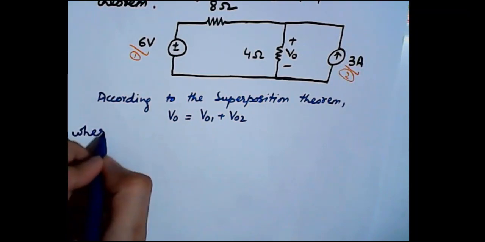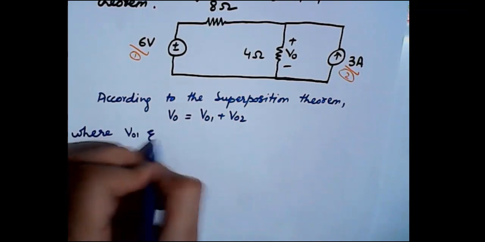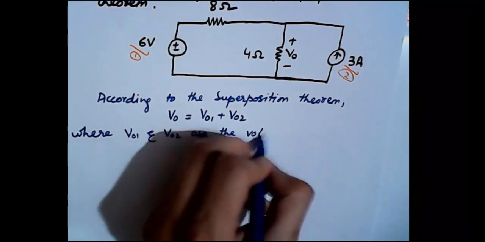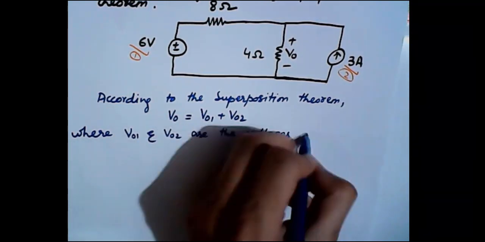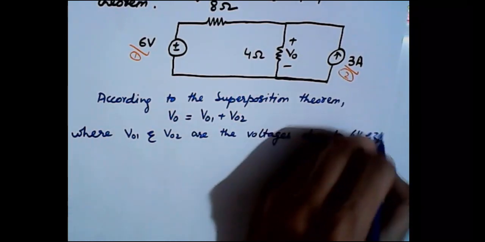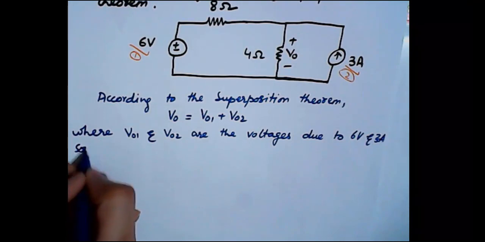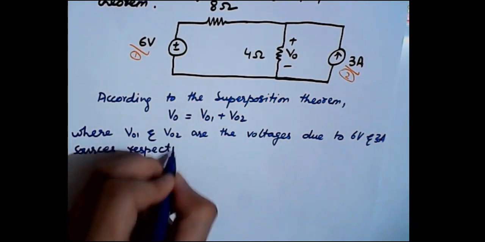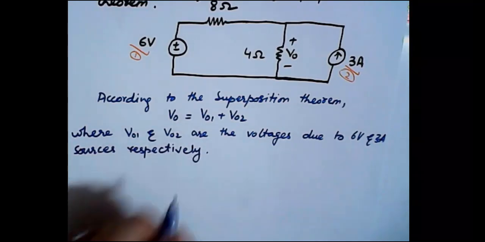Where V01 and V02 are the voltages due to the 6 volt and 3 ampere sources respectively, right?